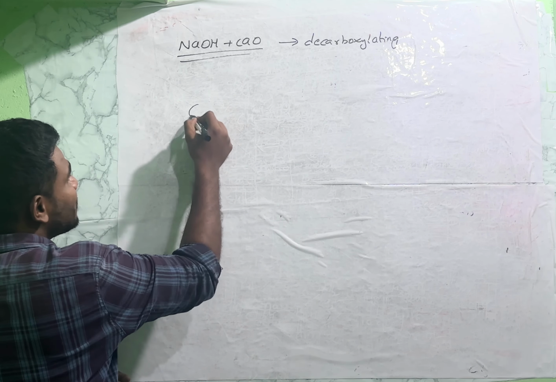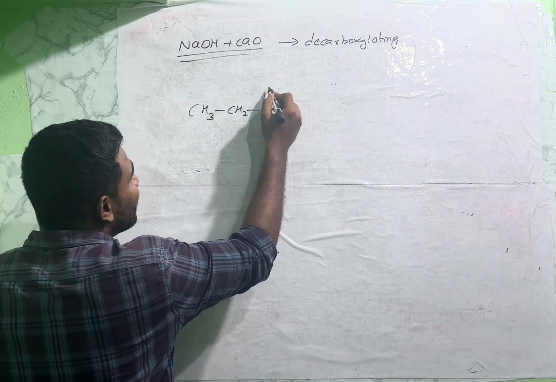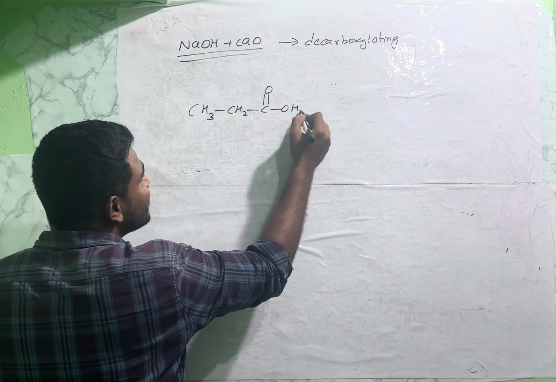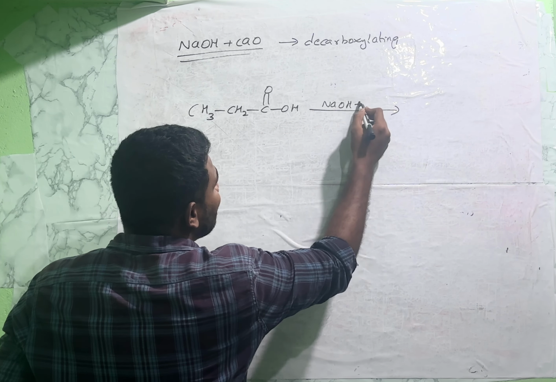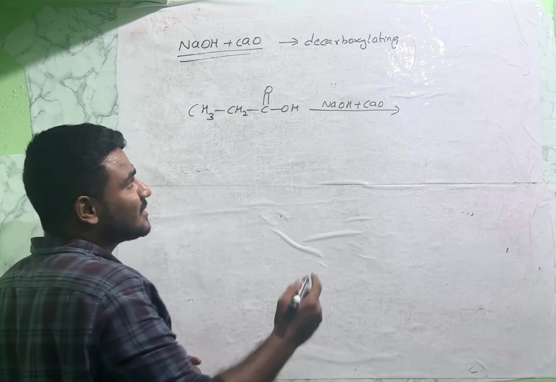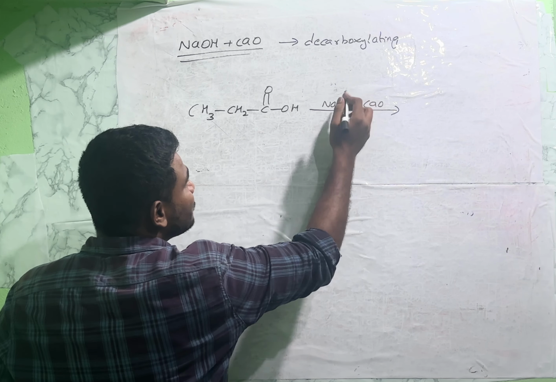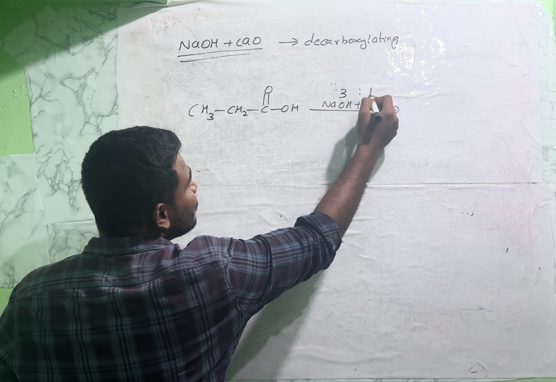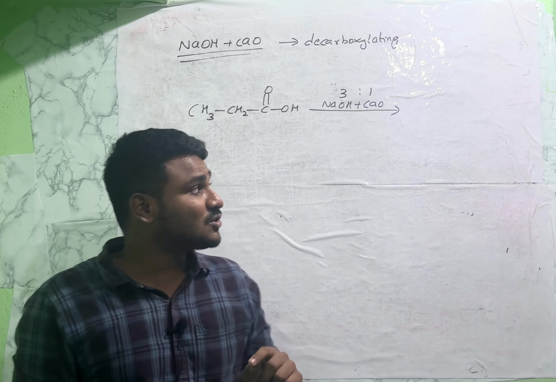Okay, for example, see the reaction CH3 CH2 C double bond O OH, NaOH plus CaO. Another thing is here we are taking this in 3:1 ratio. NaOH and CaO we are taking in 3:1 ratio.